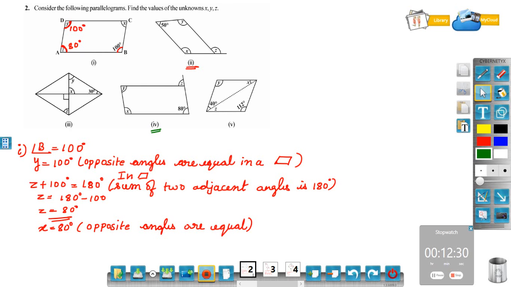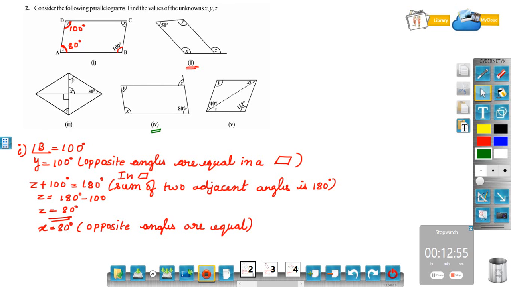Look at fifth one. Here two angles are given, one is 40 degree and one is 112. The opposite angle of 112 is Y. So you can find out Y. After finding out Y, look at the figure.